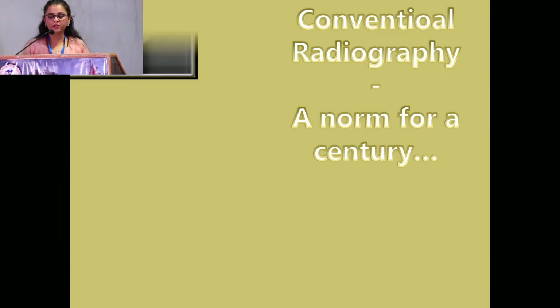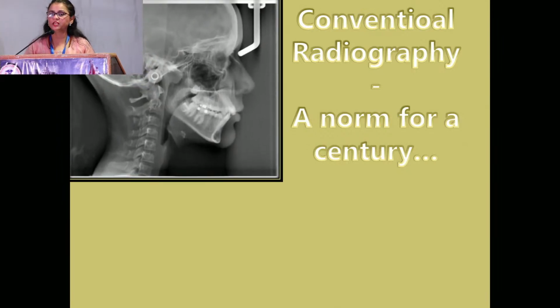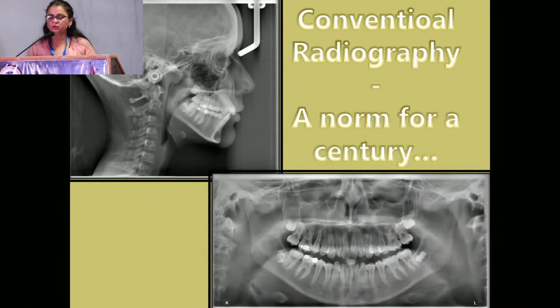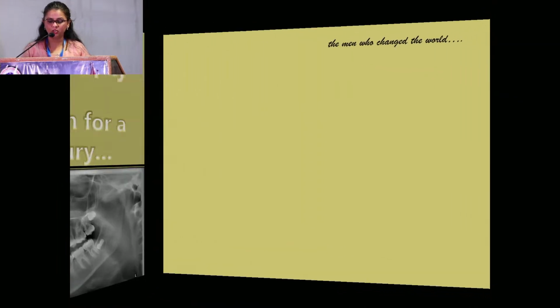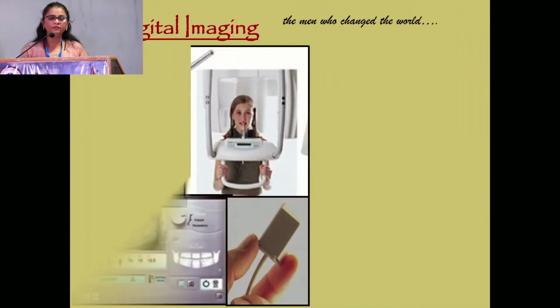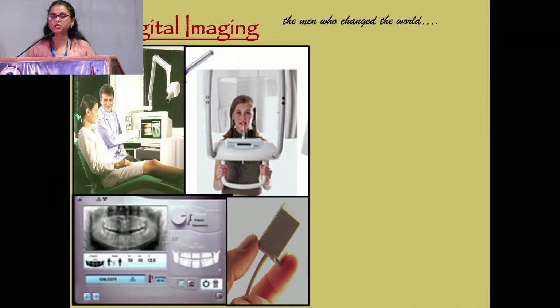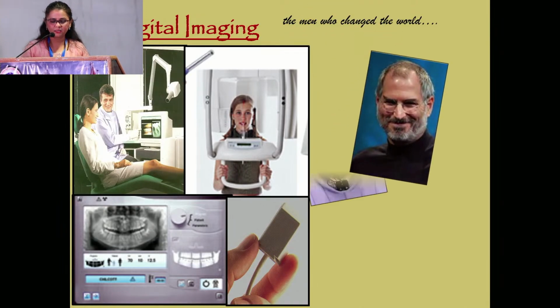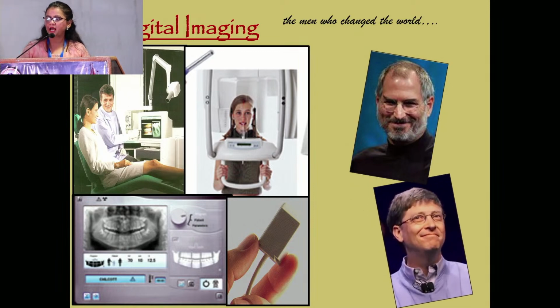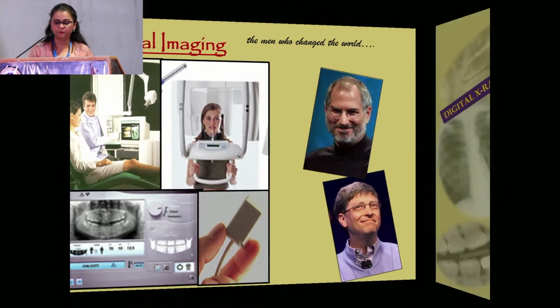So conventional radiography has been the norm for a century. We are using lateral cephalogram, we are using OPG, we are using IOPA. So these are all conventional radiographs. It's a 2D imaging technology. And then slowly we have progressed to digital imaging. We are aware of what digitalization has done to the whole world and in dentistry.